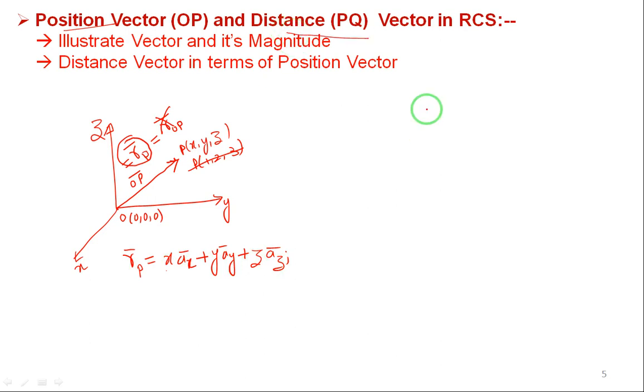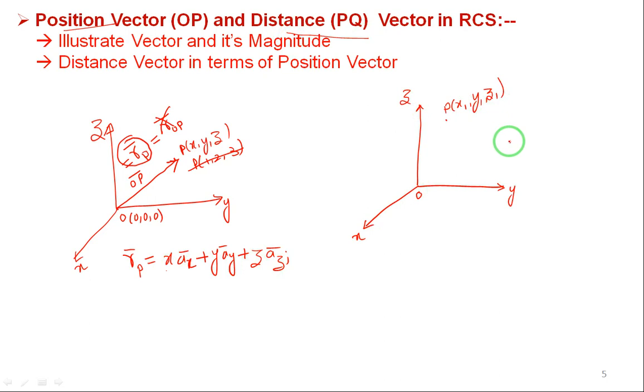Distance vector PQ in the rectangular coordinate system. And I want to establish the relationship between the position vector and the distance vector. X, y, z. Okay, this is the origin anyhow. So PQ vector means, let me assume point P is here. The coordinates are x1, y1, z1.